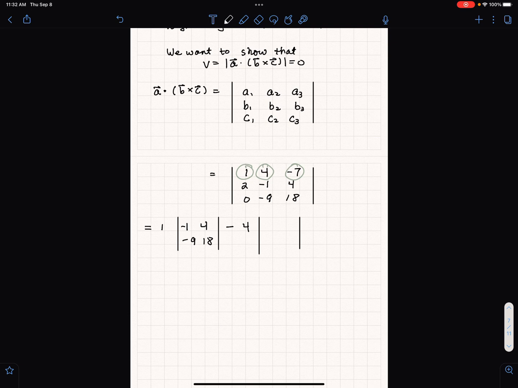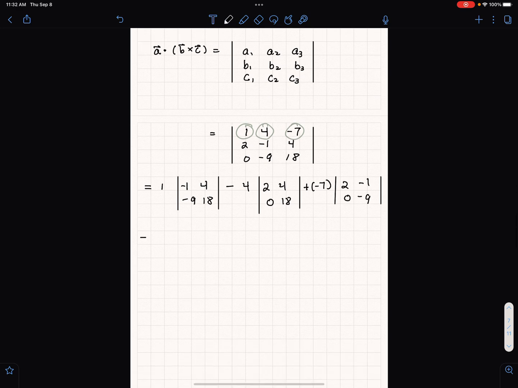And so I get 2, 4, 0, 18. And then I add negative 7 times the 2 by 2 determinant of the matrix found by scratching out the first row and the third column. That would leave 2, negative 1, 0, negative 9.